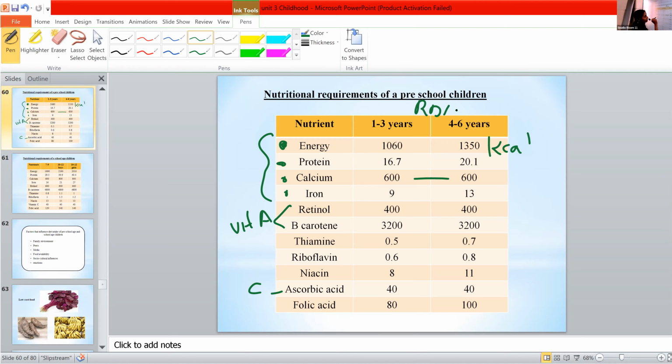What is RDA, Reena? Full form of RDA? Dietary allowance. Yes, right. Or daily allowance. What is R?